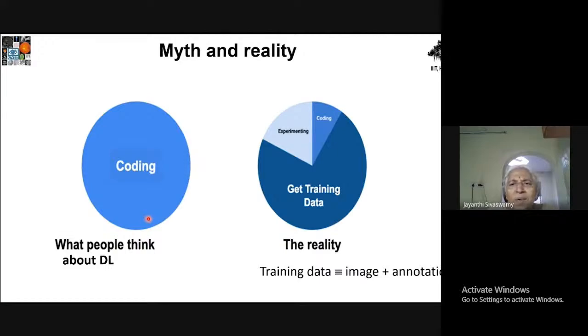So it should go this way: you put in a lot of investment in getting training data, get the engineers to code, and then you get a whole lot of people to do lots of experiments. That is what deep learning for CAD system building requires. A lot of startup companies have come up now in Hyderabad as well as Bangalore. They hire our graduates.